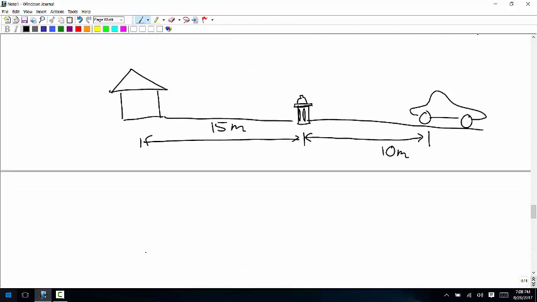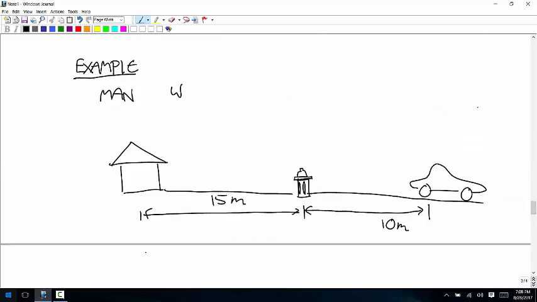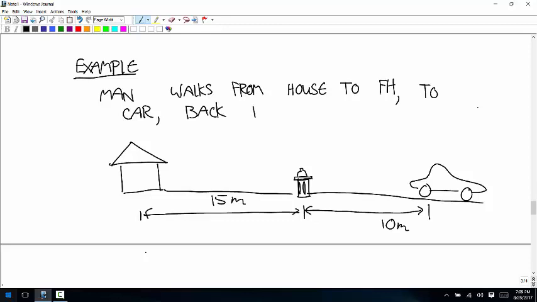And let's say the man walks from the house to the fire hydrant, to the car, and then back to the fire hydrant. Let's say each of these takes 5 seconds. Okay.